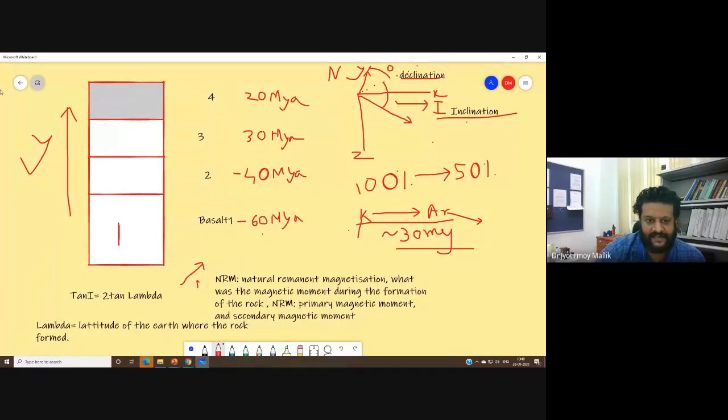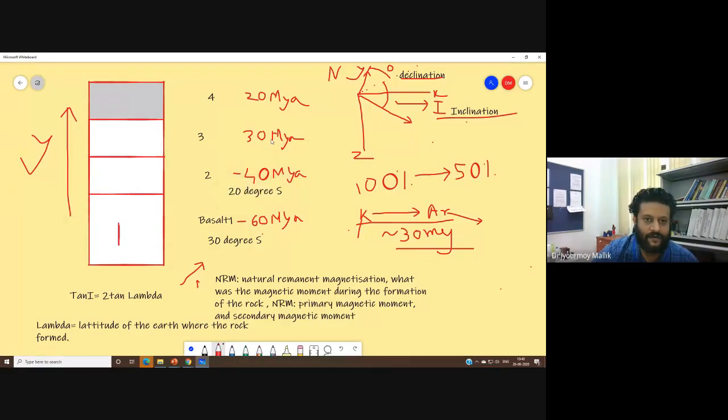Okay, and say I find that latitude to be, say, 30 degrees south. Then I do the same treatment for basalt 2, and I find the paleolatitude is 20 degrees.